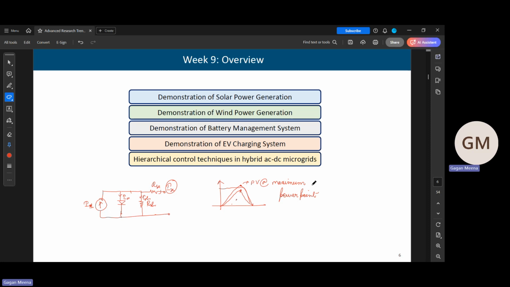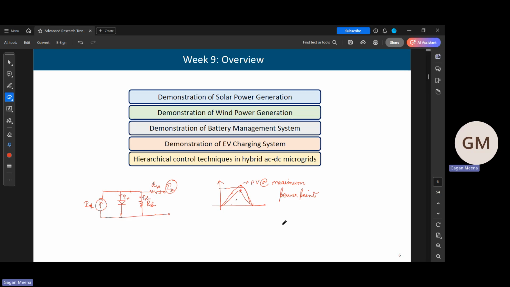Because we want to derive the maximum out of the PV at a particular insolation and temperature. Otherwise, we could operate at another point, but we don't want that. We can use the excess generation in charging the storage, which can be used to meet the demand during the night time when the renewables are not present.